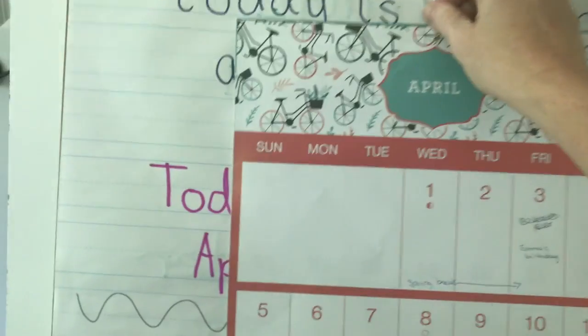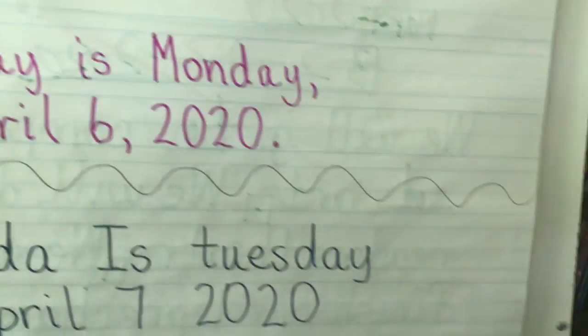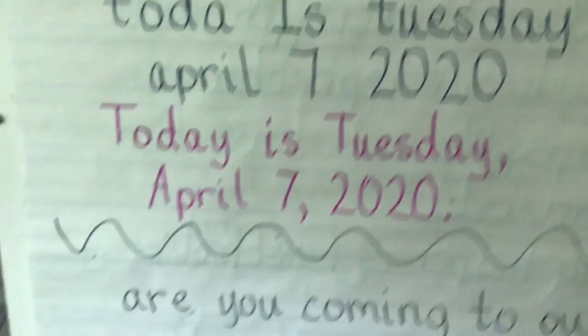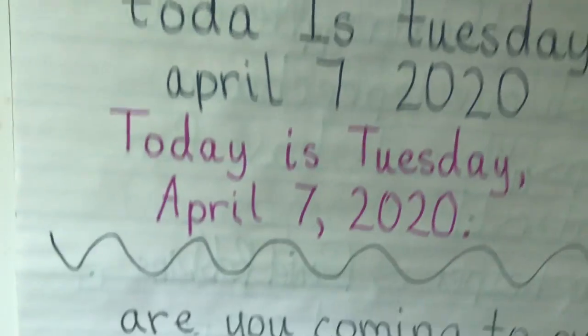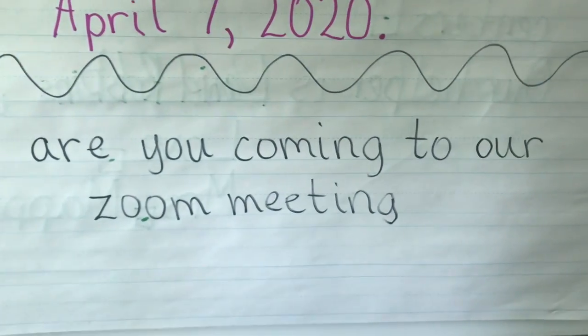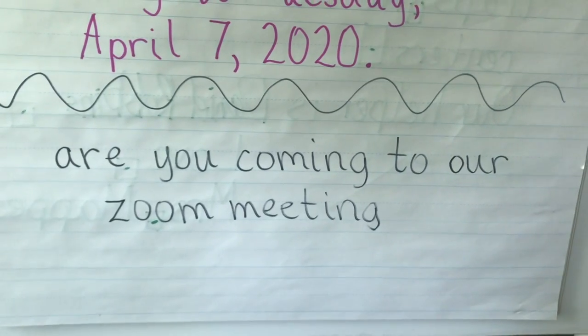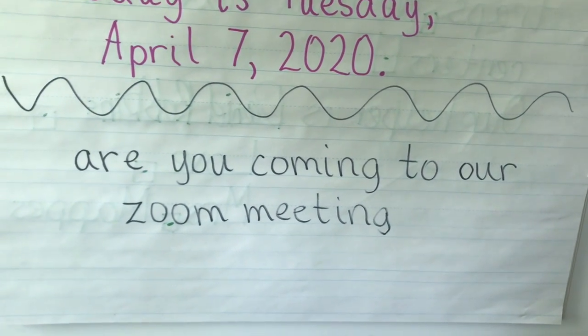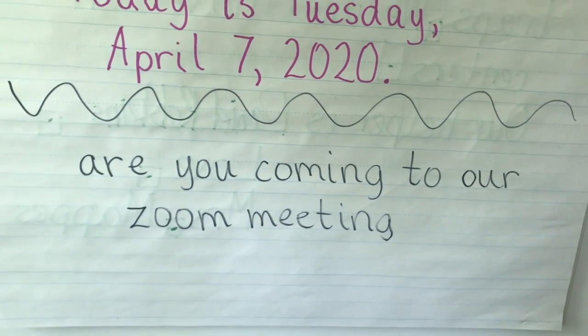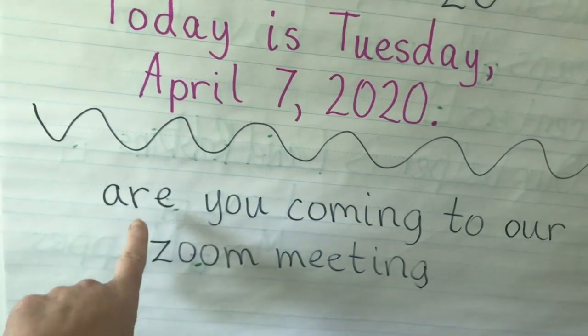Okay, so today I did something a little different. I'm going to move our calendar. And we have all of our sentences we've done. This is today's sentence. And what I want you to do is to pause it. And I'm going to read it for you because some of these words are a little bit harder, but you should know them all.